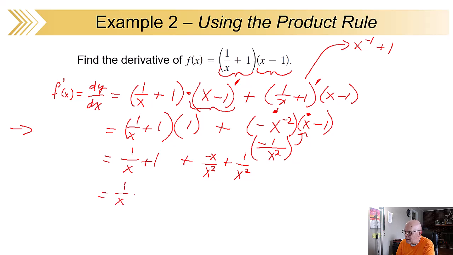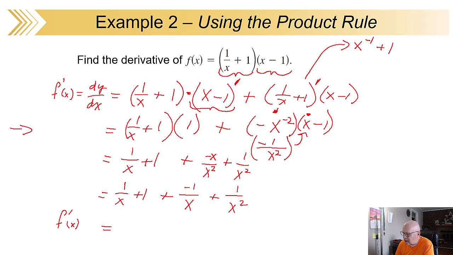1 over x plus 1 plus. Now we can reduce this to minus 1 over x and then 1 over x squared. So what do we have for the derivative of f, our composite function?